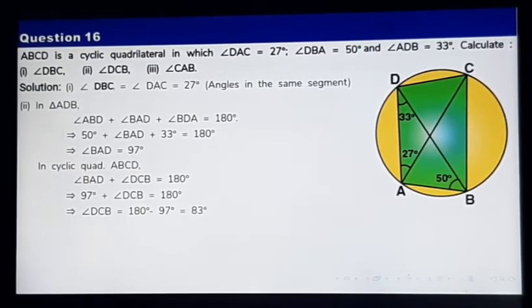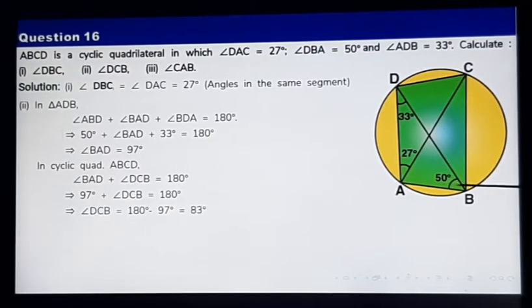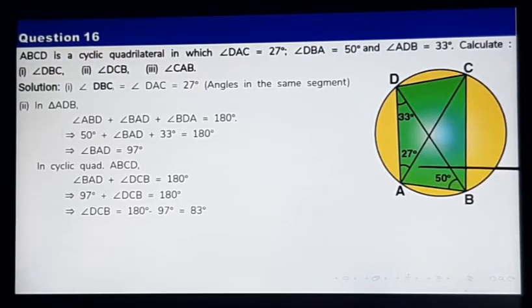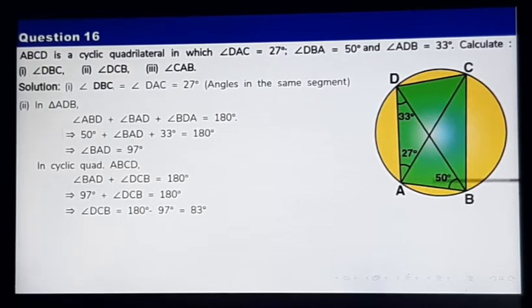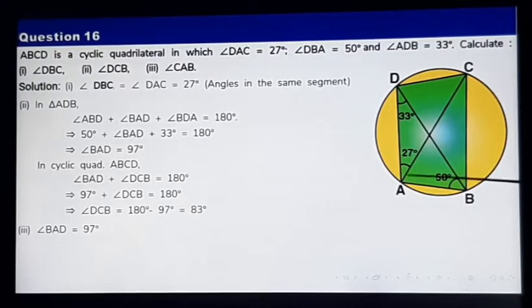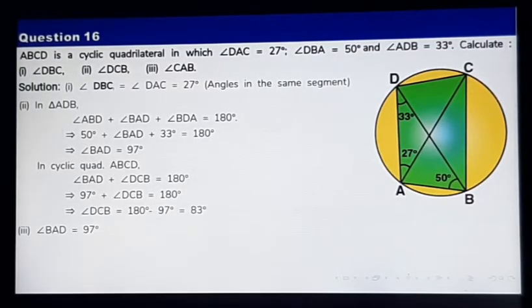Okay, now the last part says find CAB. So CAB means this. All right, and we know the value of this full angle. From here to here we know, and from here to here also we know. That means this can be written as this bigger angle minus this 27 degree. All right, so we have angle BAD, this bigger angle, is equal to 97 degree.